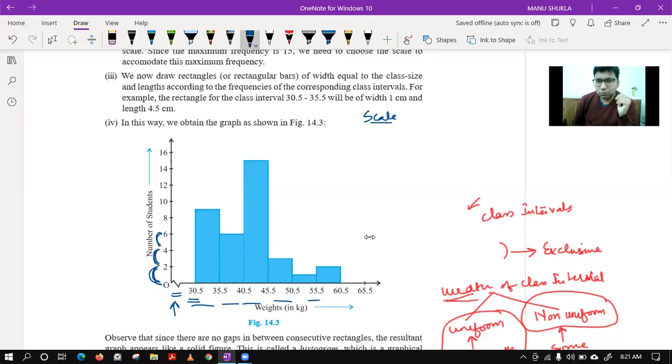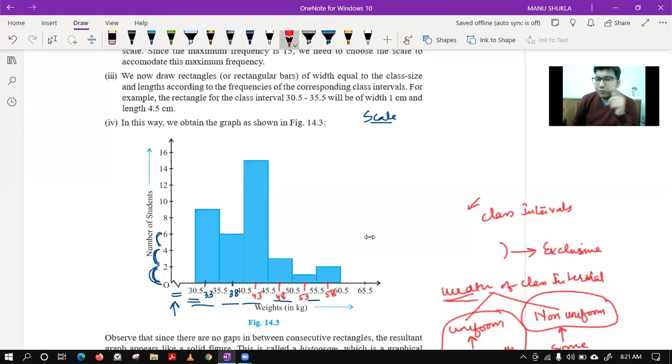Now after you have found this histogram, just locate the midpoints. So this is 33, this is 38. Let me take red pen. This is 43, this is 48, this is 53 and 58. So we have found these points, and we need to find the intersection.